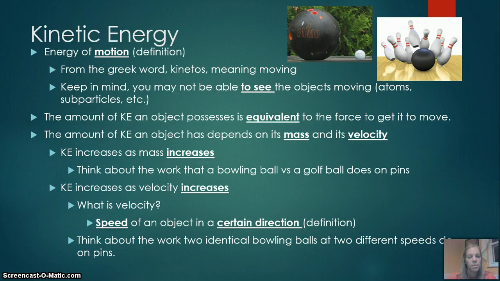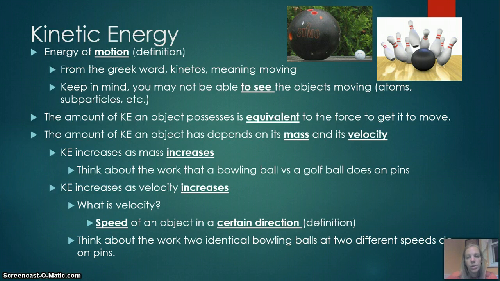Let's talk about mass. In the top diagram, I have a picture up here of a bowling ball and a golf ball. If we are to compare the masses of those, the amount of matter in the bowling ball is greater than the amount of matter in the golf ball.